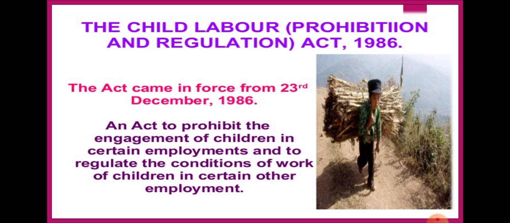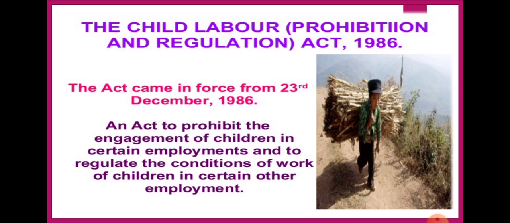In the previous part I explained the story of Mansi, and we learned that Mansi was worried that many children are working in the crackers factory, the place where crackers are manufactured. Many children below the age of 14 are working there. So this act came into force from 23rd December 1986.